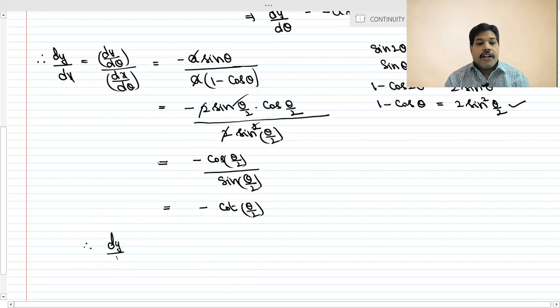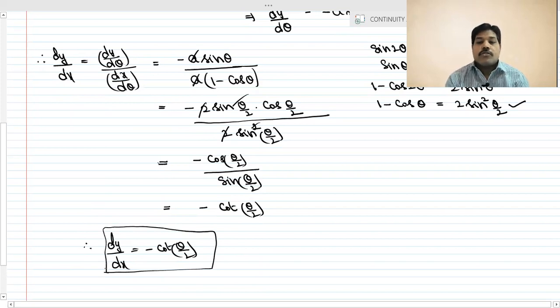Therefore, dy by dx is equal to minus cot theta by 2. Okay, students, see that question and practice this question.